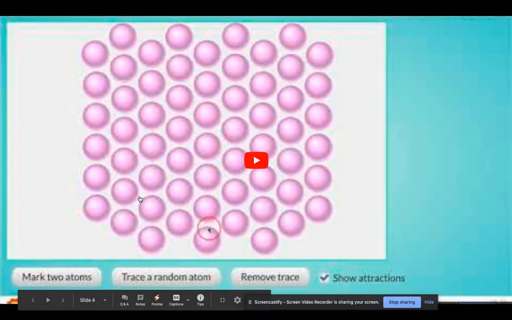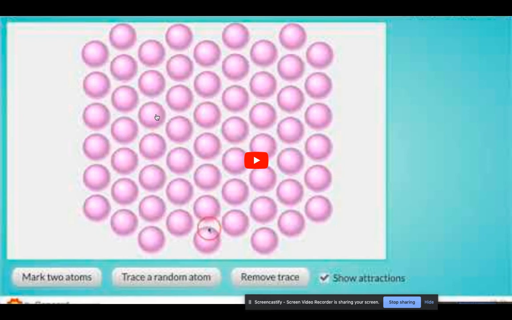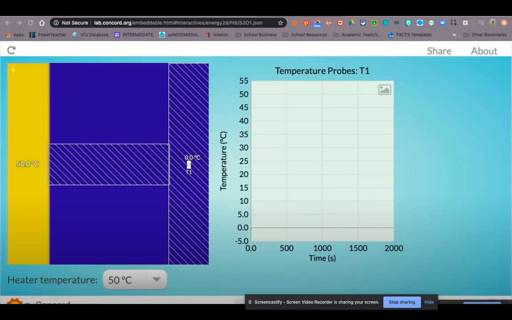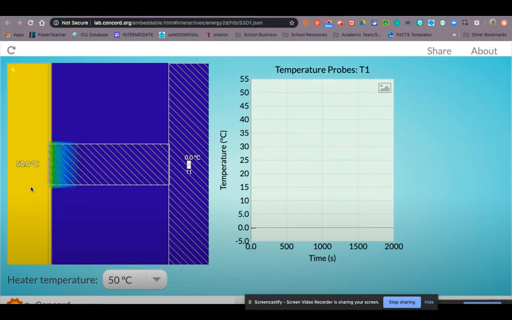As those molecules are vibrating, they can pass the heat energy from one to the next, to the next, to the next. This is a simulation of how conduction works. Here we have a heater. It's 50 degrees Celsius, about 120 degrees Fahrenheit.